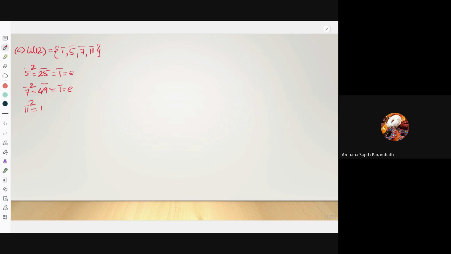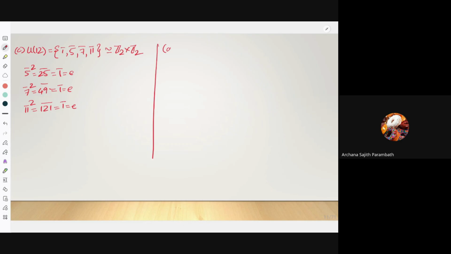And 11 bar square is 121, which is again 1 because 121 minus 1 is 120, which is 12 times 10. So U12 is also the Klein 4-group or Z2 cross Z2, which means it's not cyclic.